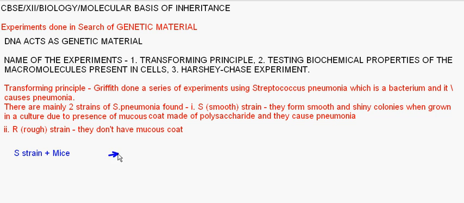S strain plus mice, mice died. In case of rough strain, the mice lived. R strain plus mice, mice lived. Because we know that smooth strain can cause pneumonia.